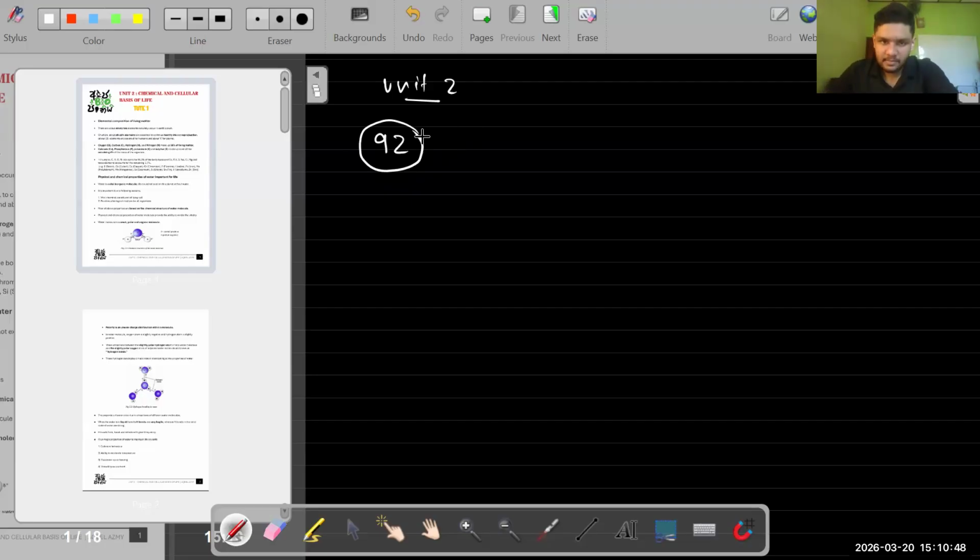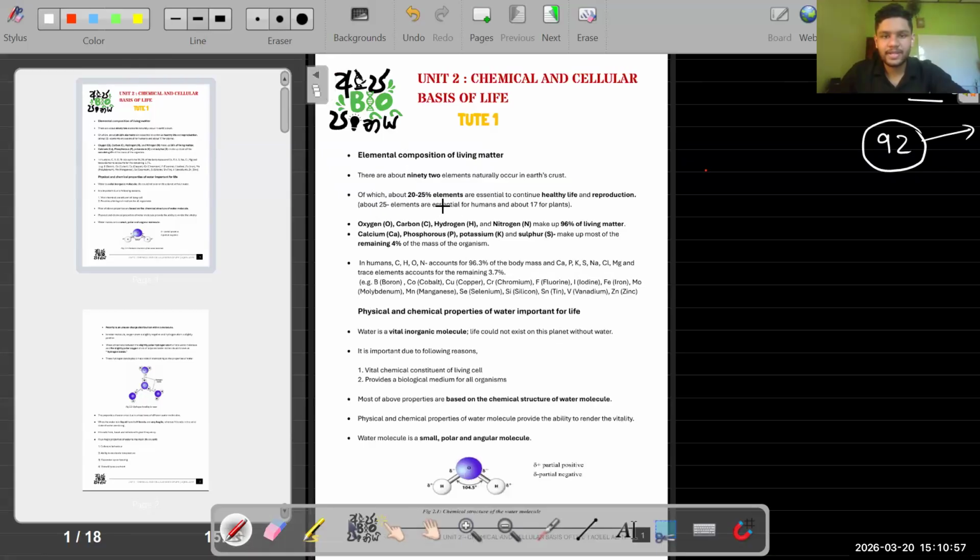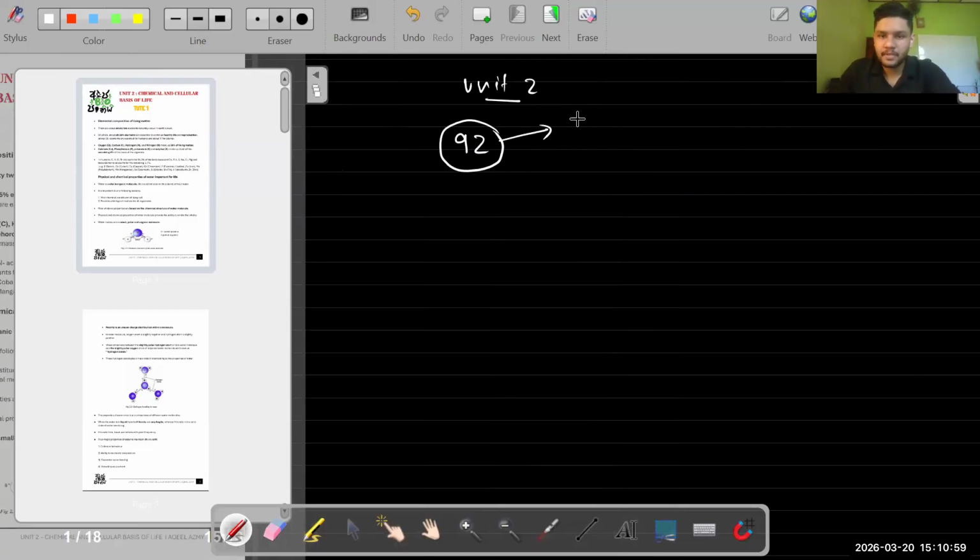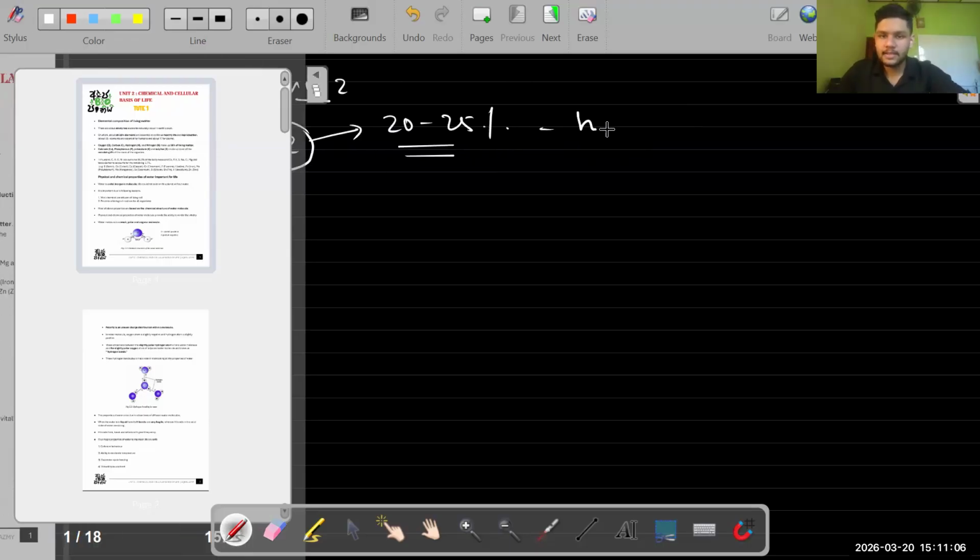From these 92 elements, they are saying 20 to 25% are required for healthy life and reproduction.